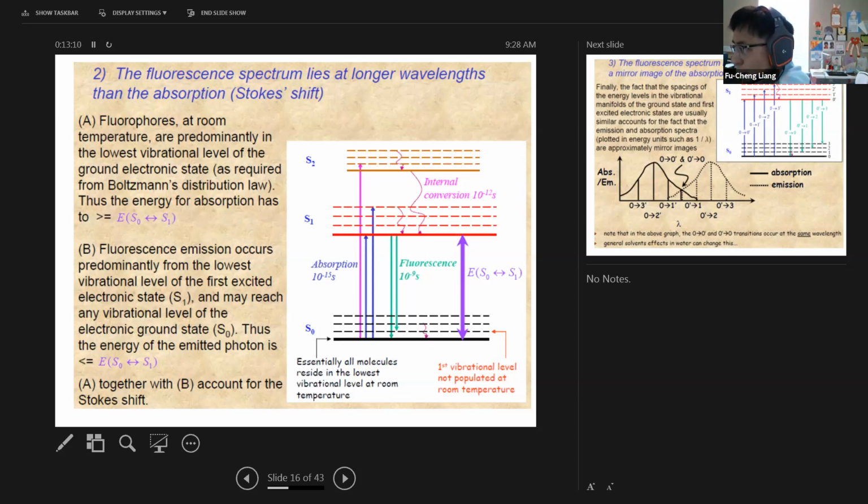So your fluorophore is able to go to different energy levels for absorbance. As compared to fluorescence, as we already know, even though your molecule is in S2 or S1, the electrons undergo internal conversion. They are not going to emit fluorescence from S2, or from the highest energy level of S1.